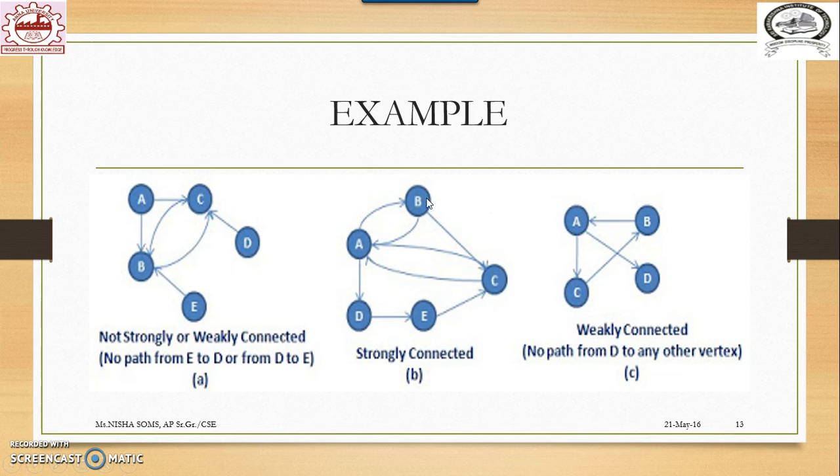There's an arc from A to B as well as from B to A. There is an arc from A to C and then from C to A. And every other vertex has links to other vertices as well. E to C and C to A, E to D and D to E, and so on. So they are strongly connected. Weakly connected, yes, there is no path from D to any other vertex.